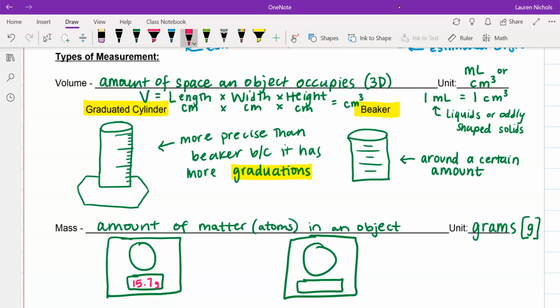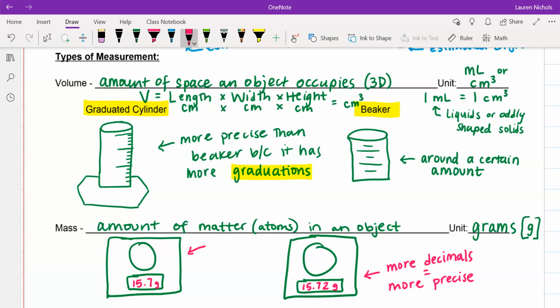But I put that same amount on a different scale, and it weighs 15.72 grams. The difference is not in the mass, but in the number of decimal places. So because this scale has more decimals, that means that it is going to be more precise than this first scale over here. So the more decimals a scale has, the more precise it is.